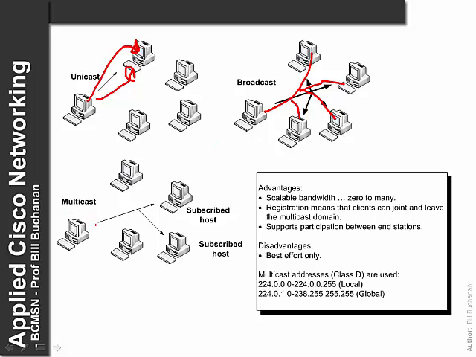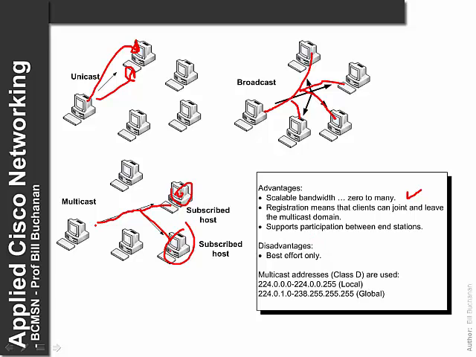Probably a more efficient scheme is to use multicast, where only subscribed hosts will listen to a multicast transmission. So in this case, only 2 of these hosts have subscribed to this multicast message. The advantage of this is that we have scalable bandwidth from 0 to many.